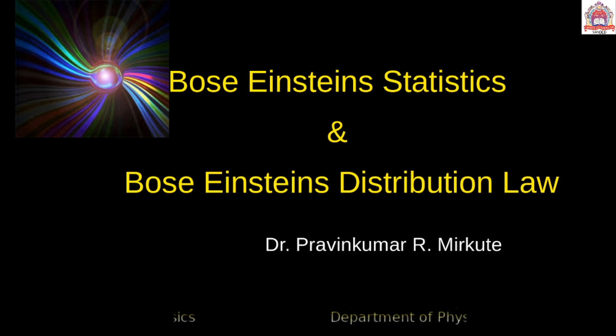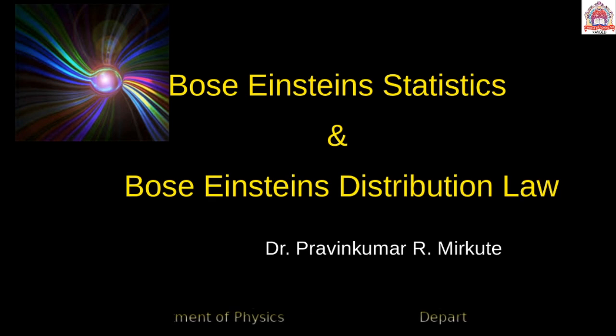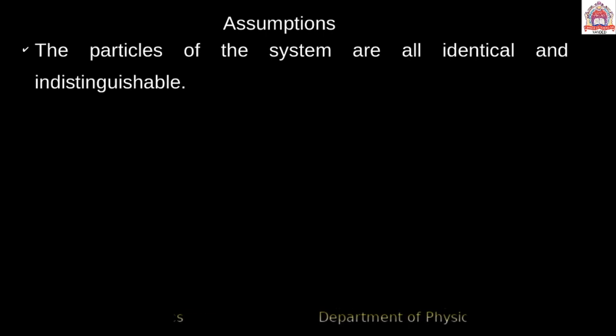In order to derive the B distribution law, we require some assumptions of the B statistics. The first one: the particles of the system are all identical and indistinguishable.